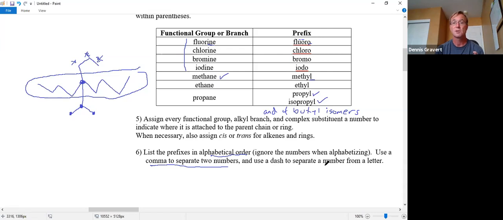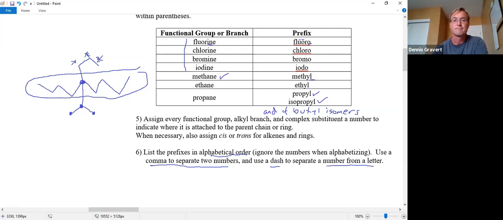If you have a number next to a letter, use a dash or hyphen to separate those. Think of it as grammar. You got it all? Me neither, when I was a student, with all these rules. Naming is more like a skill than something you have to memorize, so it gets better with practice.